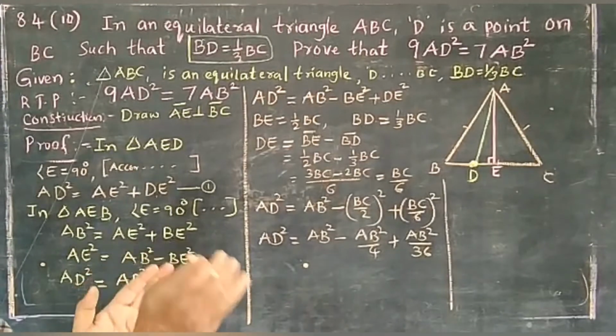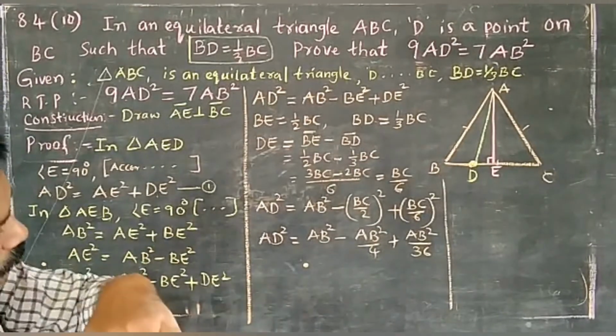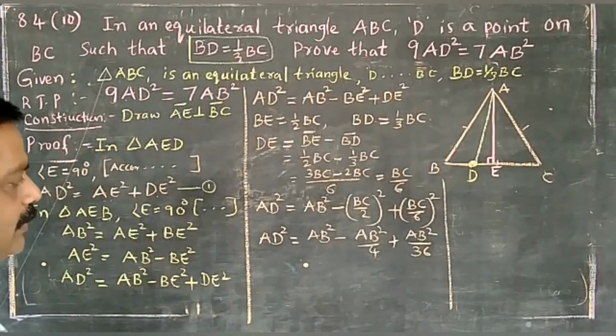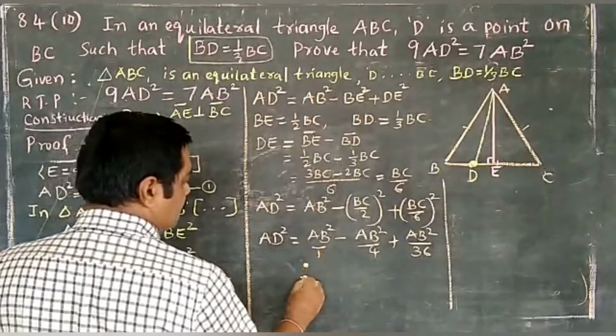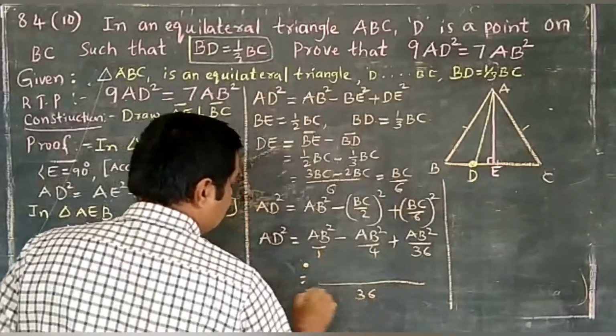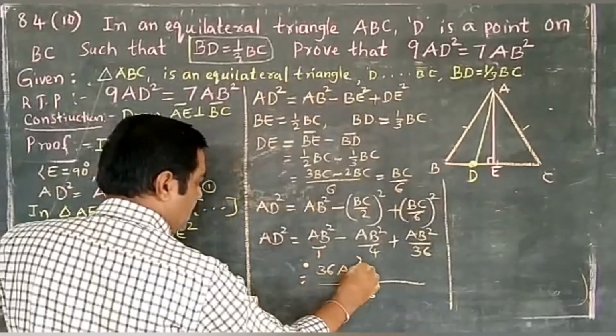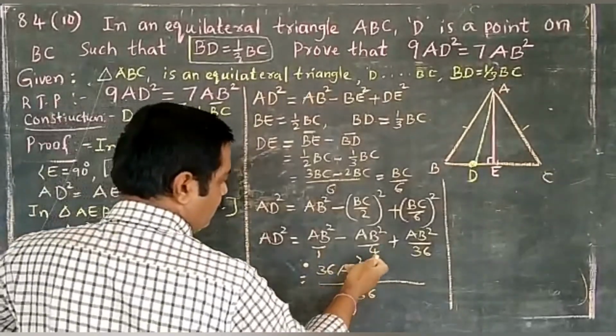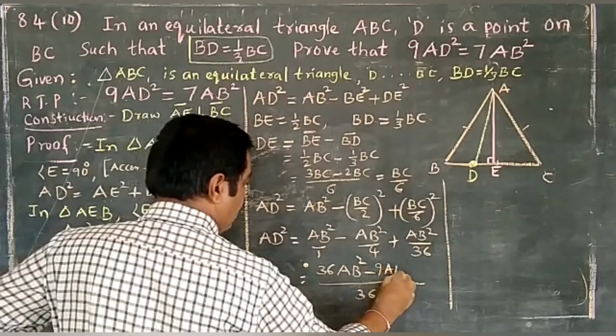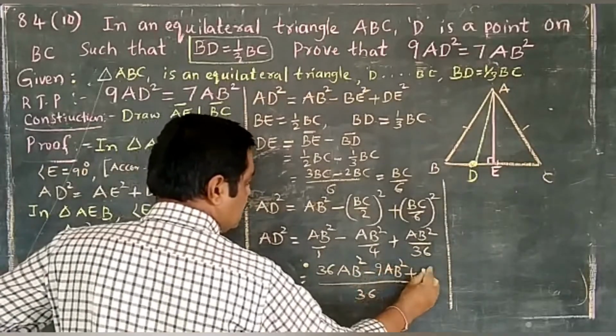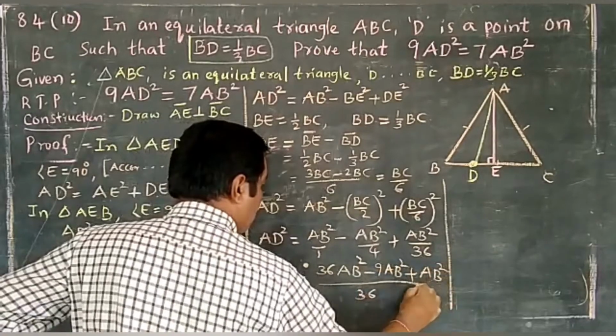Slowly from BE and DE we converted to BC, and from BC we convert to AB. Right, no? 36 is the LCM. 1 36 is 36 AB square, 9 4s are 9 AB square, and this 36 is 1 AB square.